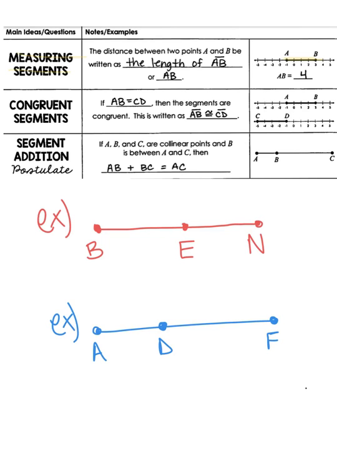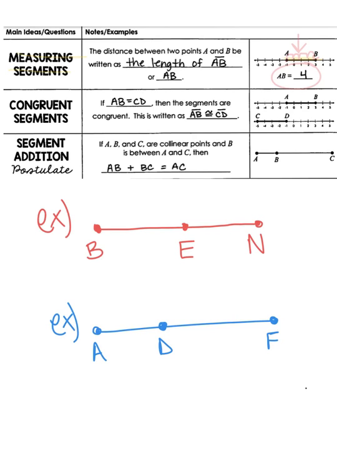The length here on this number line is from -1 to 3. If we need to, we can count how many spaces from A to B, and that's 4 spaces. So the length of AB, or segment AB, is 4. That's how we measure segments on a number line.